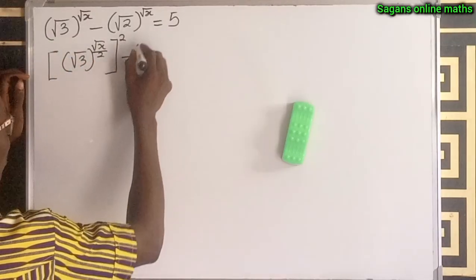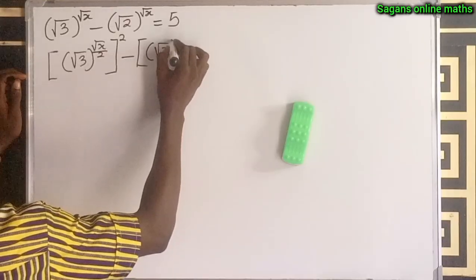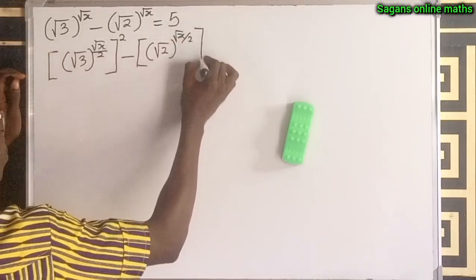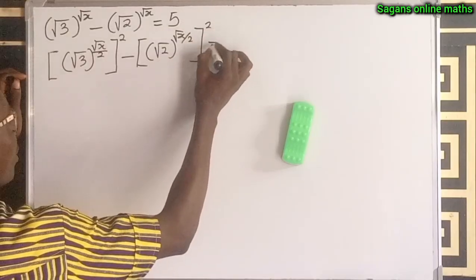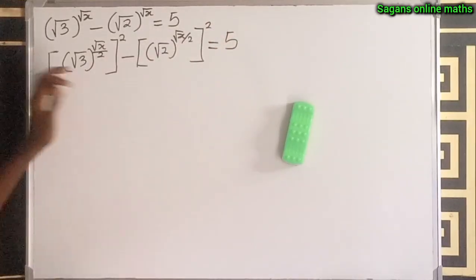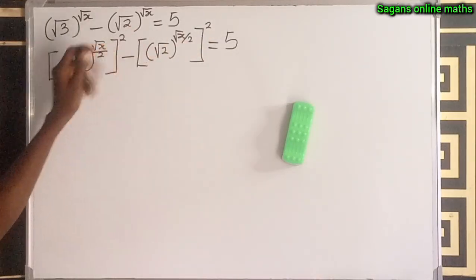And minus, bracket, root 2 to the power of root x divided by 2, all to the power of 2, everything is equal to 5. There's nothing changed, because this 2 will cancel out this 2, we are left with this.